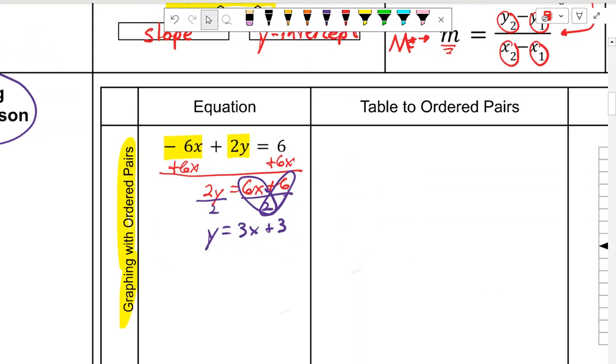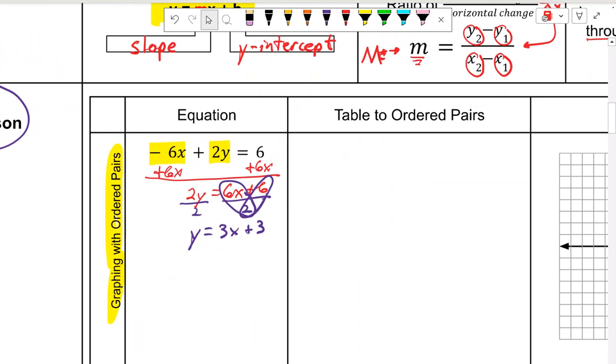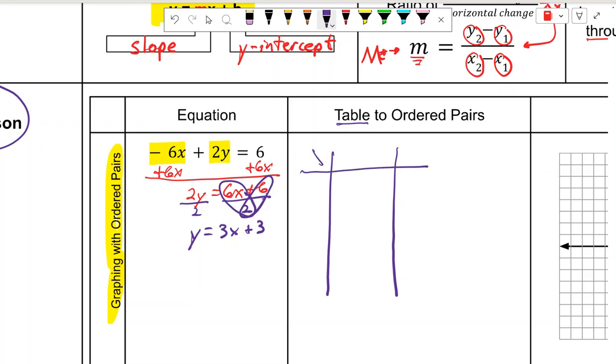All right, now once we have slope-intercept form, we're going to come over here and make a table. You're very familiar with this too from recent lessons. We have an x and a y. And our favorite x's to use most of the time are simple ones for math: -1, 0, 1, and 2. Right up here, we're going to insert our rule or our function, 3x plus 3.